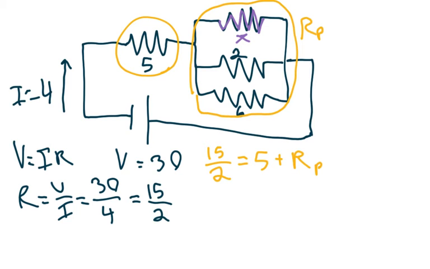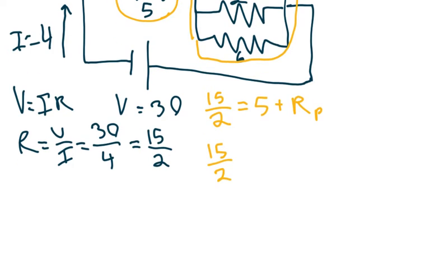So if we subtract 5 from both sides of this, I'm going to keep everything in fractions because I don't like decimals. Fractions are easier to work with in these things because then when we multiply by the reciprocal, it's simpler. So 15 halves minus 5 is going to be equal to our parallel resistors. So 5, we have to put 5 into the denominator of 2.